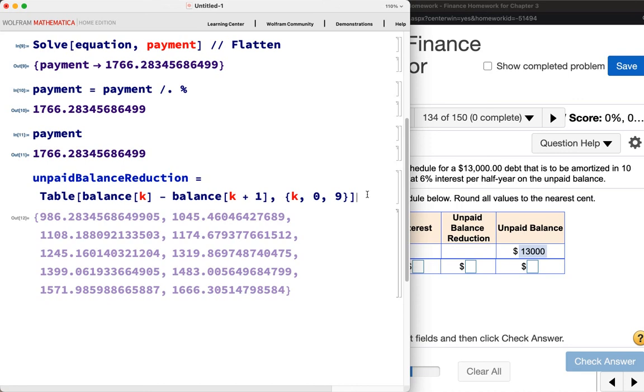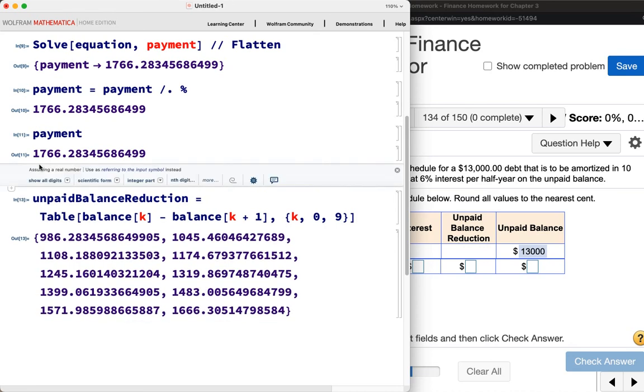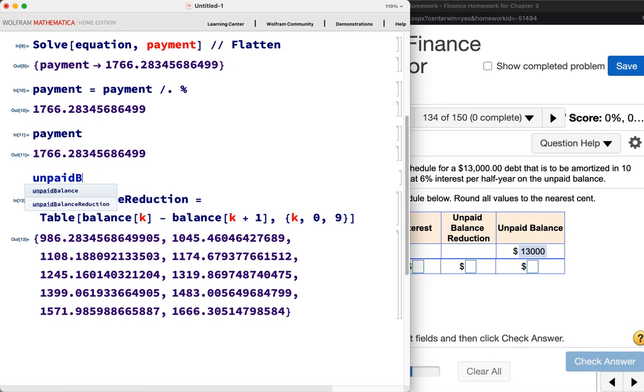One second. There's conversations going on in my living room, so it's a little hard to concentrate right now. Yeah, I think this is good. This is my unpaid balance reduction, and the unpaid balance is simply going to be balance k, where k goes from 1 to 10.